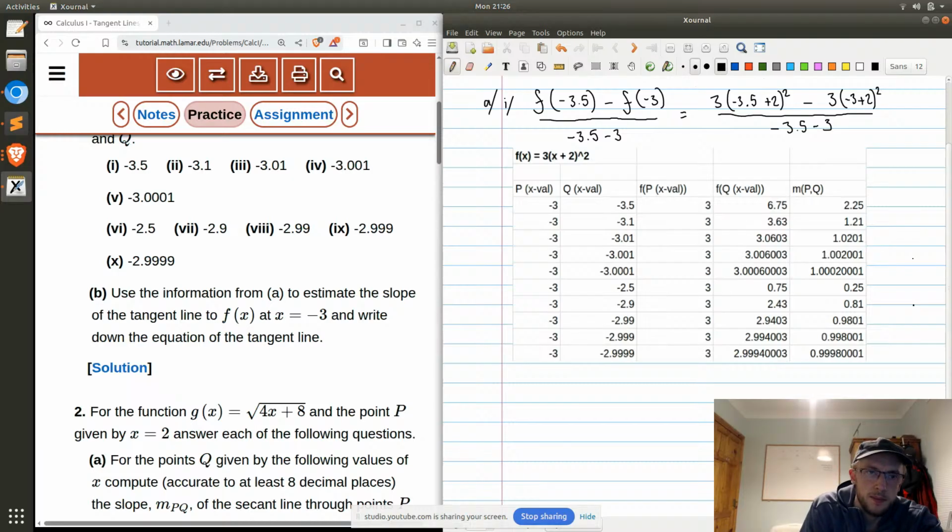Okay. I should have a border around it as well in the future.